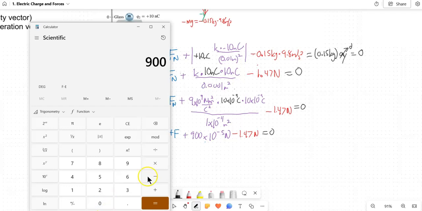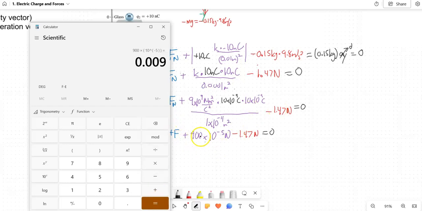We're going to go 900 times, bracket, 5 negative, and bracket equals.